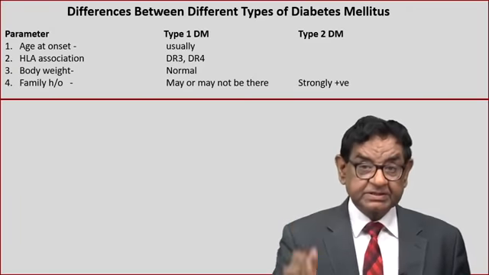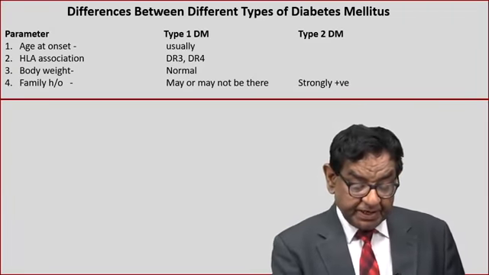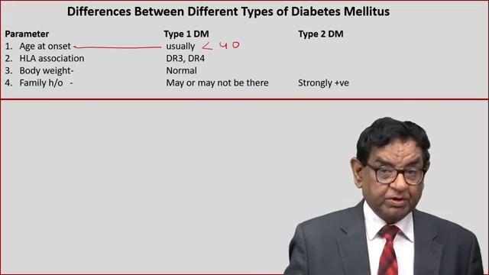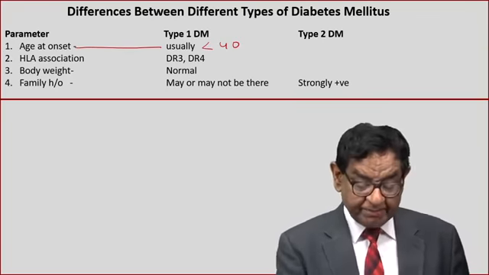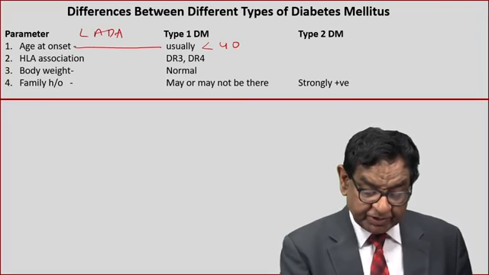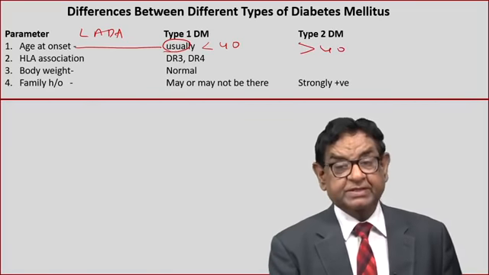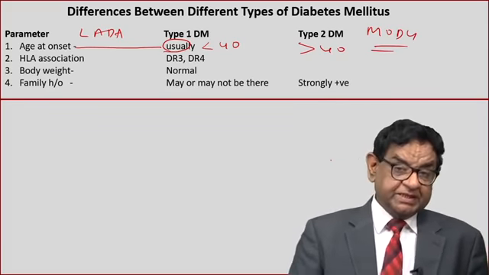Now let me discuss the difference between type 1 and type 2 diabetes. Age of onset in type 1 is usually below 40 years. By now you know that we have an entity called LADA, which is a kind of type 1 diabetes which occurs in the elderly person. That is why we use the term usually 40 years. Type 2 is usually above 40 years, but do not forget we have a term called MODY, which is a kind of type 2 diabetes which occurs in the young patient.